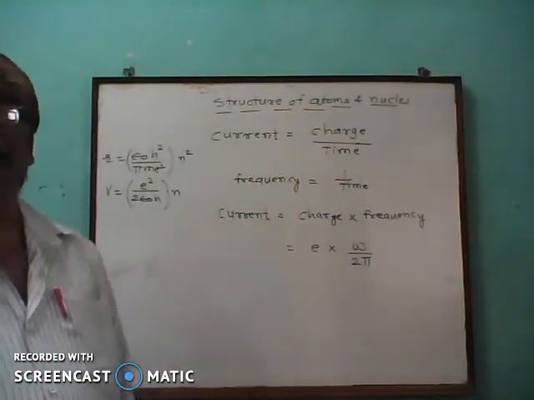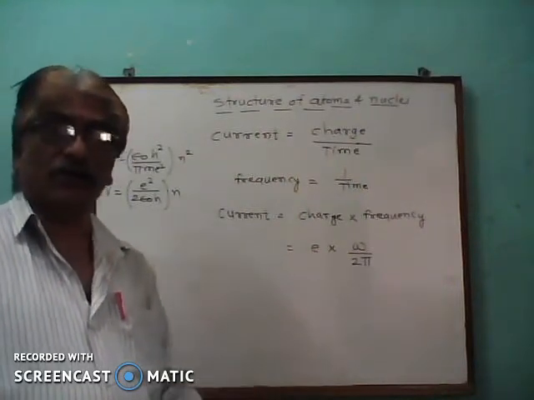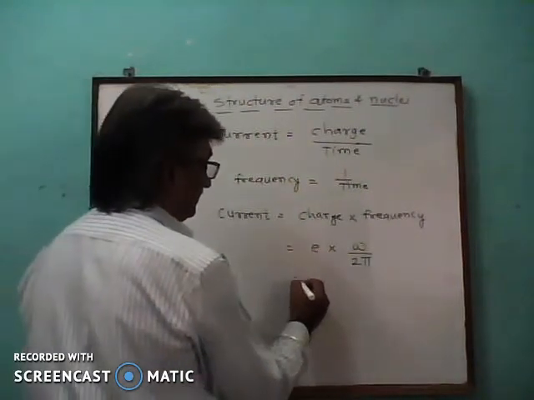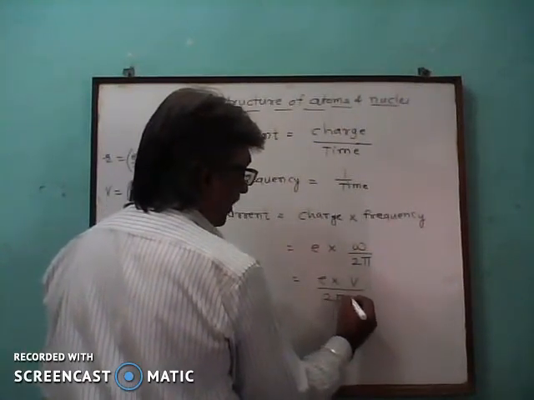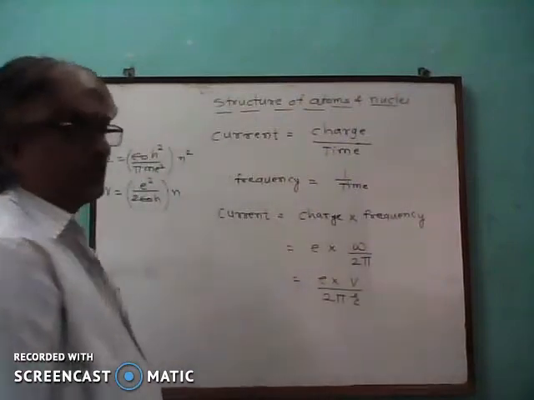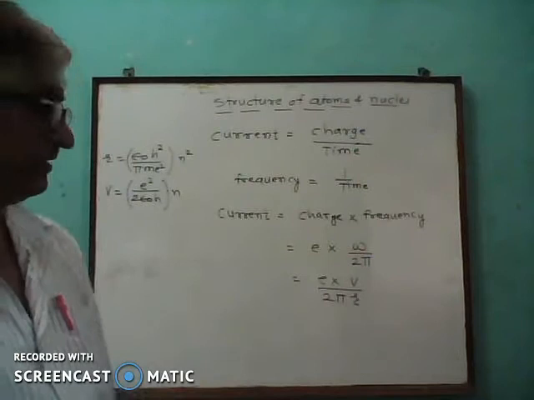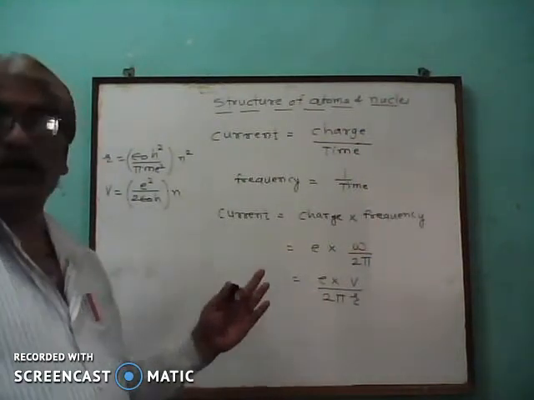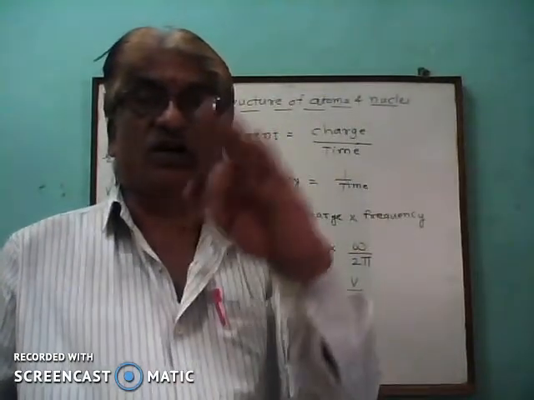We know that v equals R omega, so omega is equal to v upon R. So we can write e multiplied by v upon 2 pi R. If we substitute the value of v and the value of R, then we get the formula for current of electron in orbit.